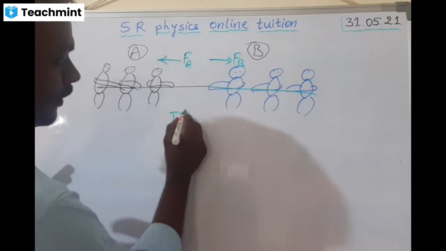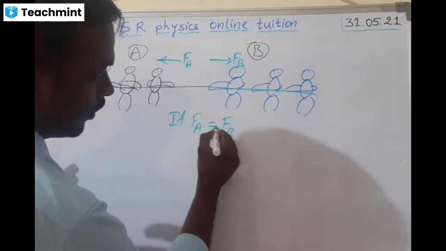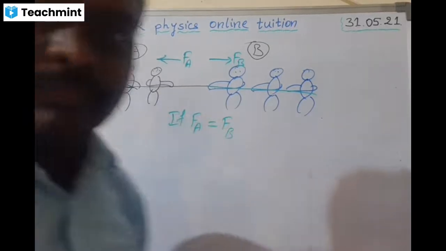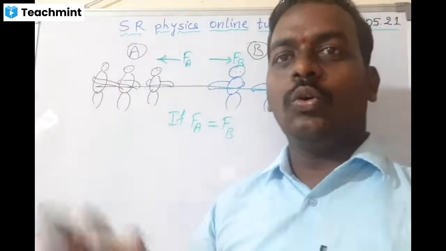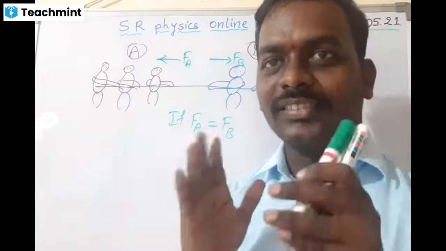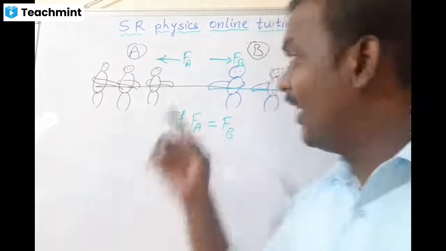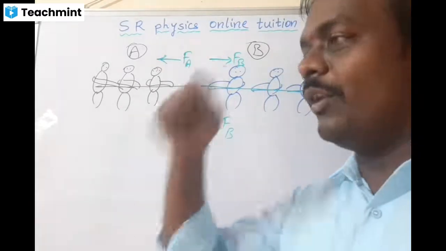If Fa is equal to Fb, what will happen? It will be a tie, meaning there is no movement, it will stay at rest. The rope will stay at rest, and tension will exist.